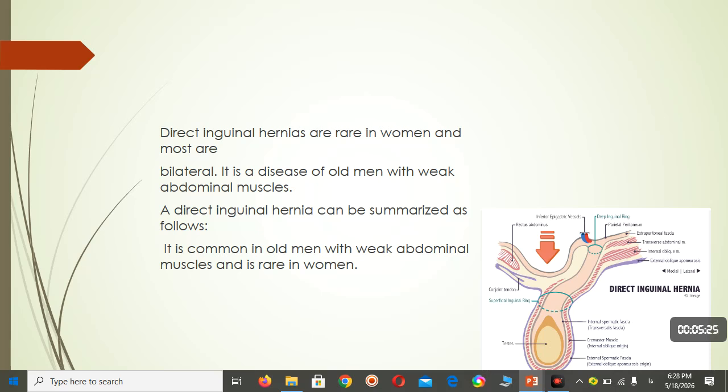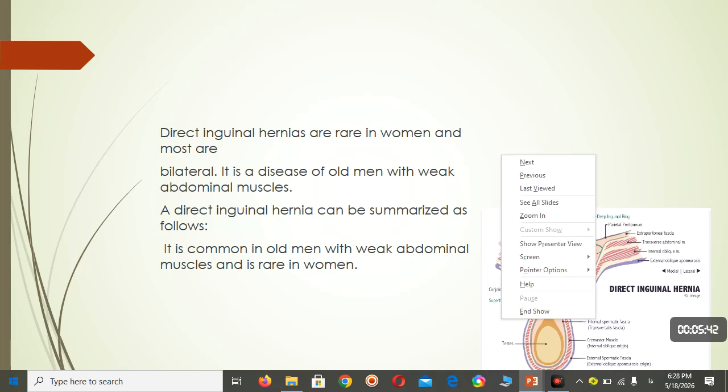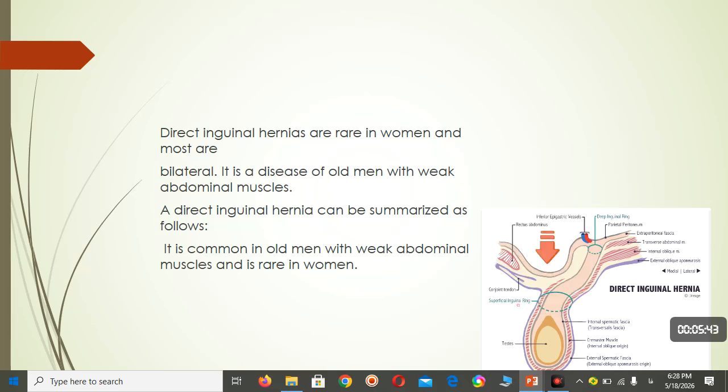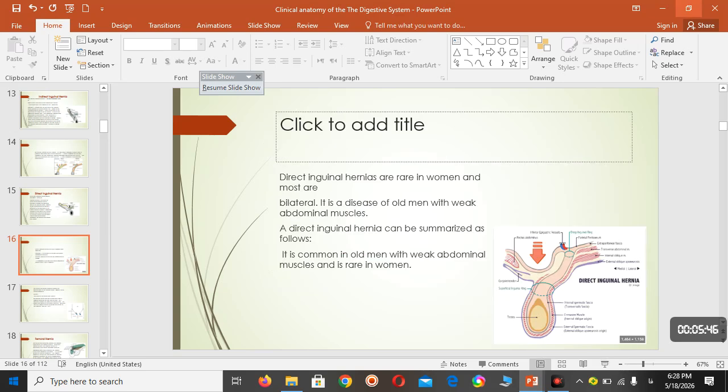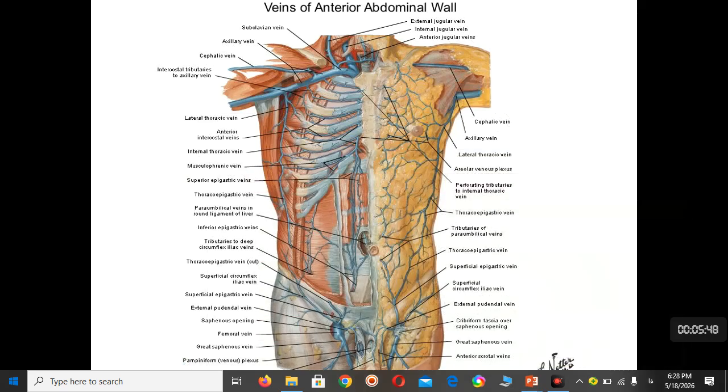Before I speak about this hernia, it is better you know what the inguinal canal is. So we are going to another shape for the inguinal canal. Before we continue, we speak about the inguinal canal.